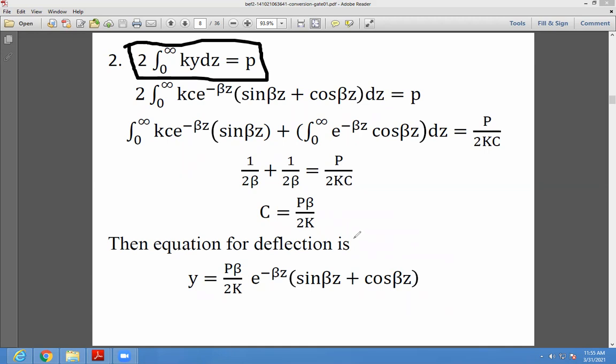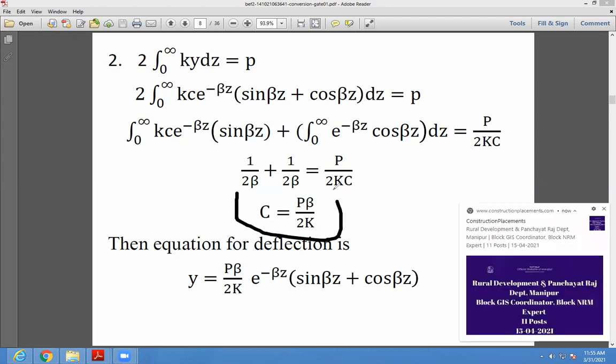So we have to put the value of y here, that is C into e raised to minus beta z, sin beta z plus cos beta z, dz. So we have to integrate, and by putting the limits 0 to infinity, we get the value of C.